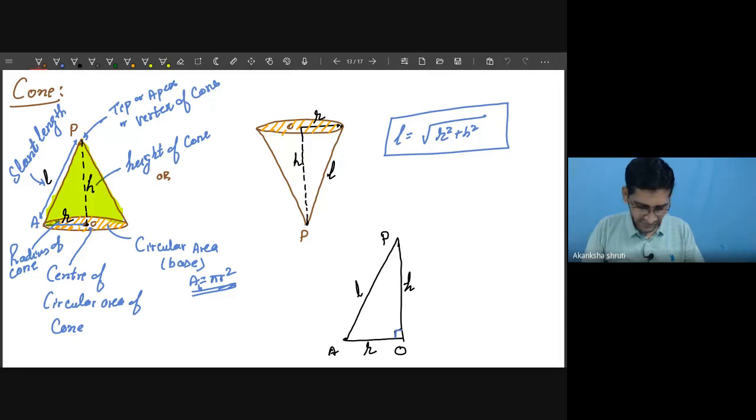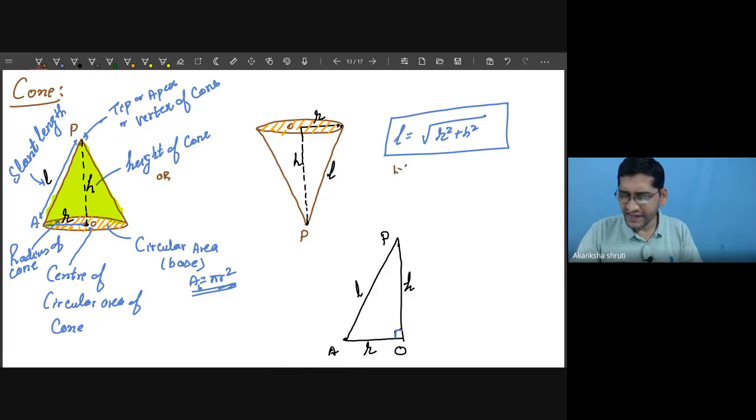Yes, students. Regarding the cone, we have learned 4 important formulas. The very first is calculation of the slant length: L is under root of R square plus H square.